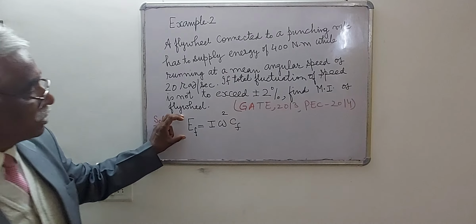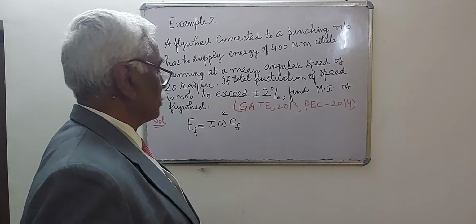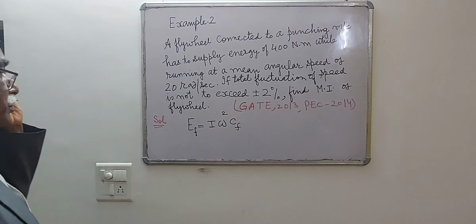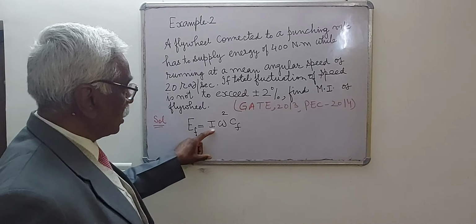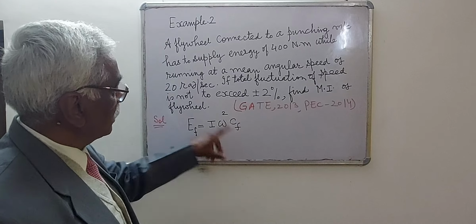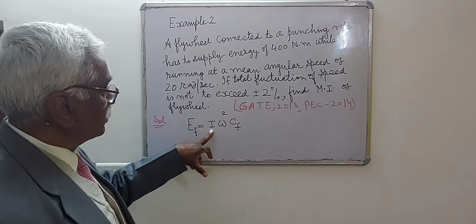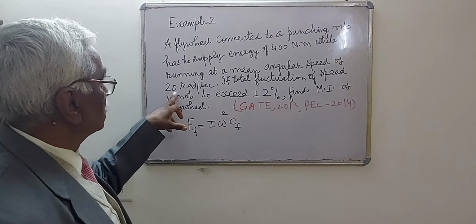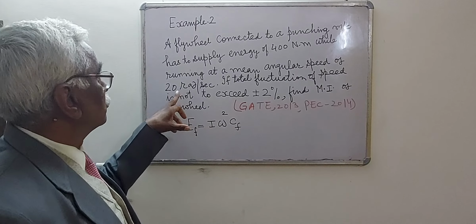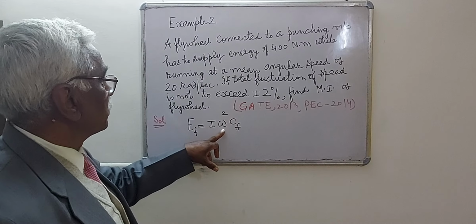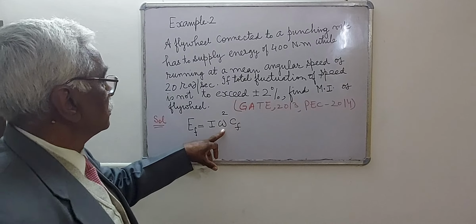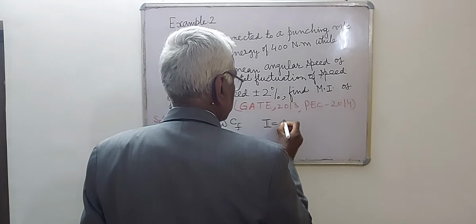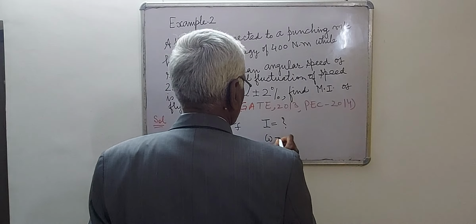In the class we have proved that EF is given by I omega square into CF, where symbols have their usual meanings. I is the mass moment of inertia of the flywheel. Omega is given, the mean angular speed of the flywheel. I is to be calculated. Omega is equal to 20.